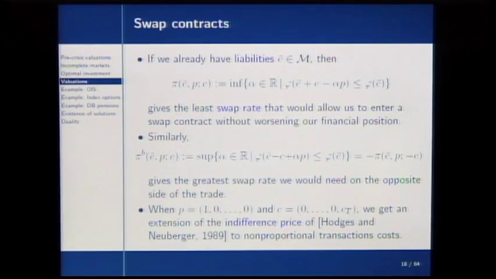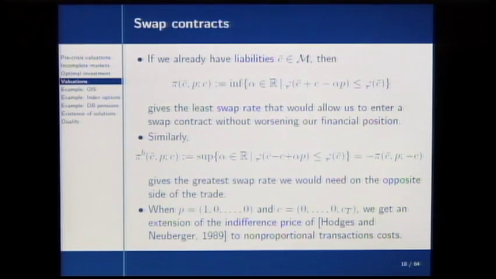And this is what I mean by the indifference swap rate. So we are looking now at an agent who already has some financial position, which I denoted by C bar. I hope you can see the bar on top of the C. And now the agent asks the question: does he want to enter a swap contract where he would have to pay his customer a sequence C, now without the bar?